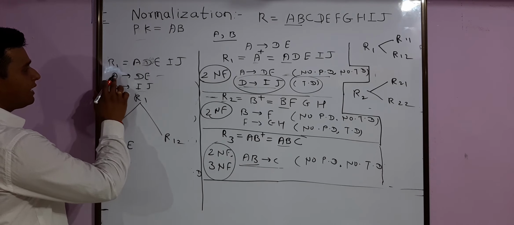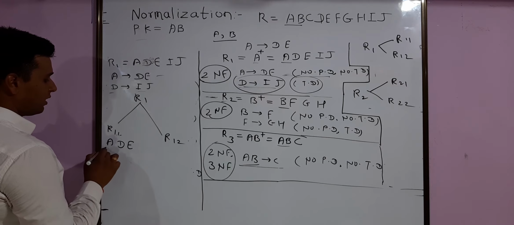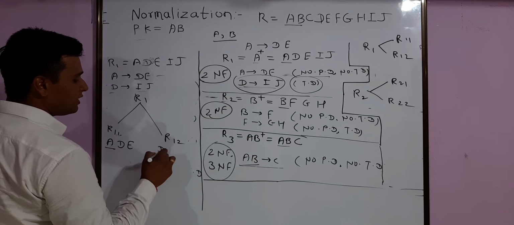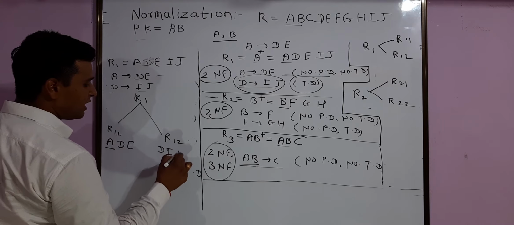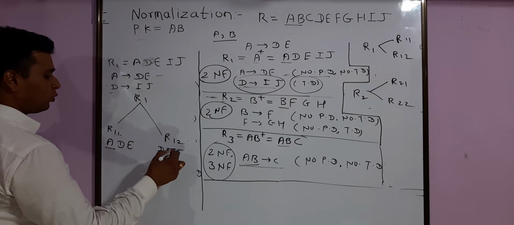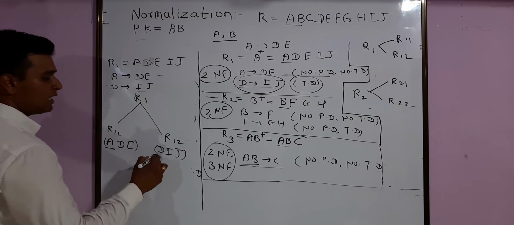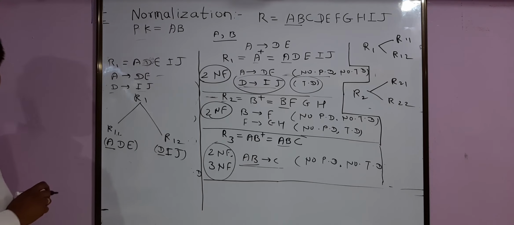Directly I am adding the left-hand and right-hand side of this. Here A is a key because A determines DE, and in R12 I will write D determines IJ, so I will directly write DIJ. So those are the two relations, ADE and DIJ. Here the key is A and here the key is D.